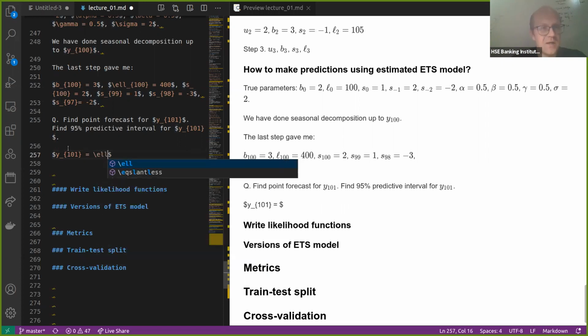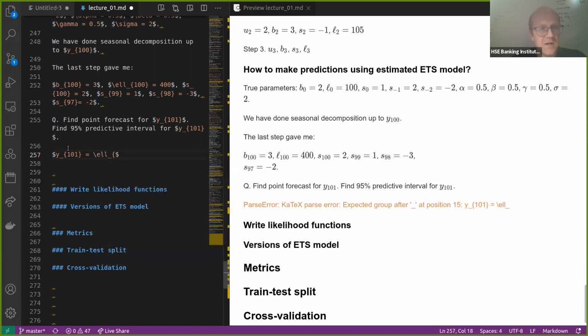It's, don't believe me, but it's L100 plus what? So what should I add to make a prediction? Yeah, plus B100, plus what else? What do I have there?